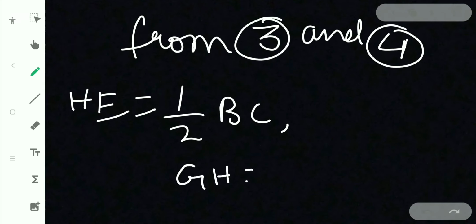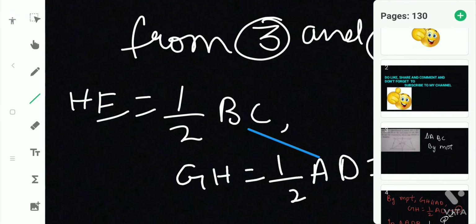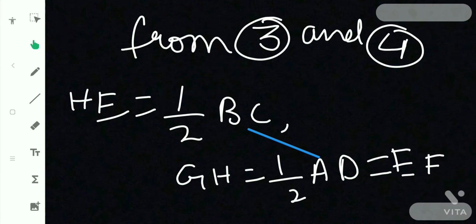Now as BC is equal to AD according to the information available to us, in place of BC I will write AD. As they both are equal, I can do so.